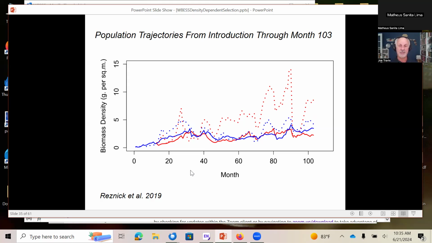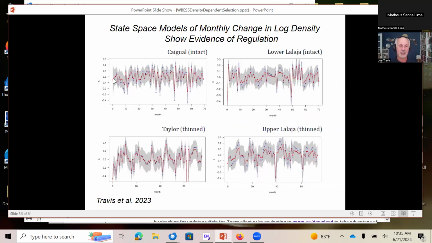From these data, we can look at the steady state distribution of size and use what are called state space models of the monthly change in the log of density to show evidence of regulation. These data were published last year in a paper in the American Naturalist.